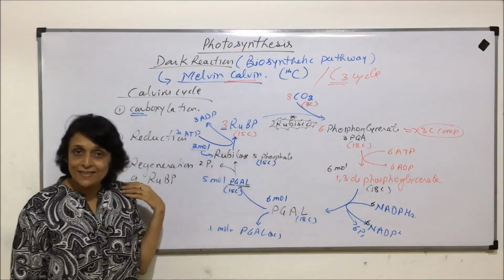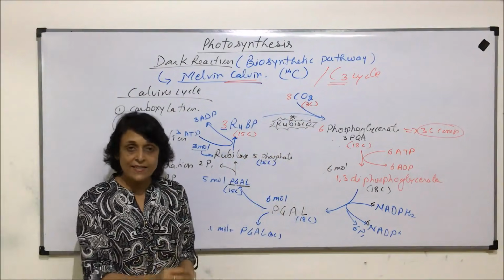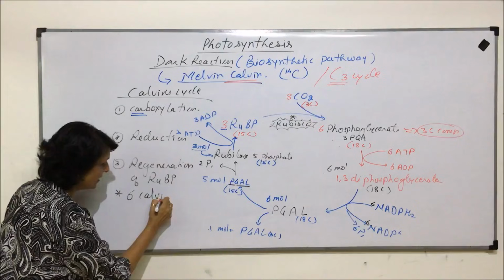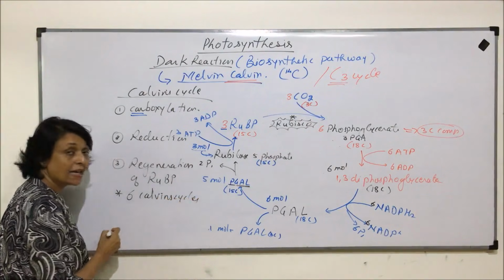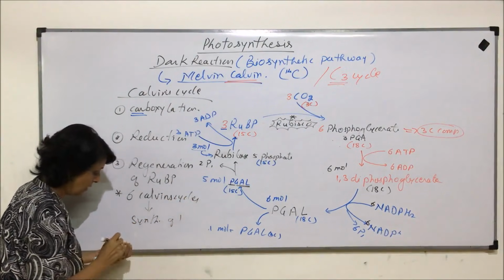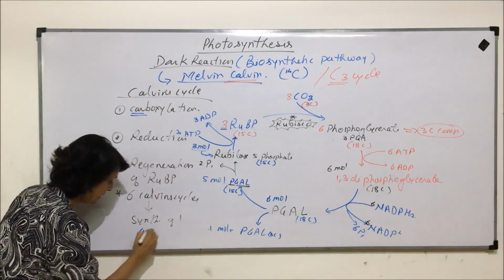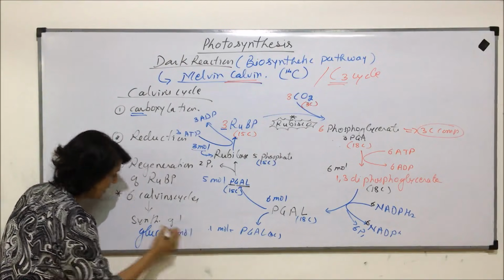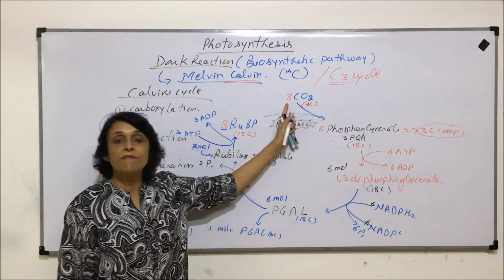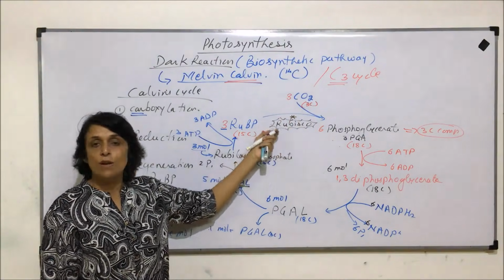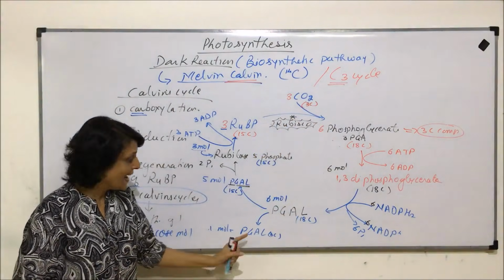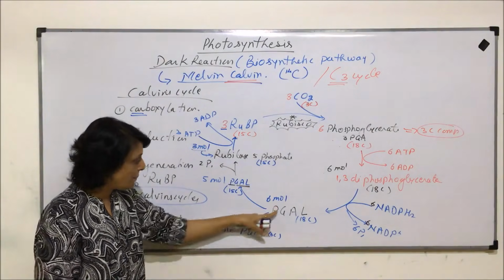So this is for our understanding, but in real sense, that is in plants, there are 6 Calvin cycles taking place for synthesis of 1 glucose molecule. 6 Calvin cycles are required. This we have to keep in mind. The only reason why we are starting with 3 carbon dioxides, or we could have even started with 6 carbon dioxides, is to understand the process in detail and to avoid that separation of molecule.